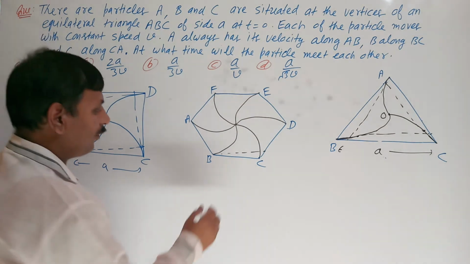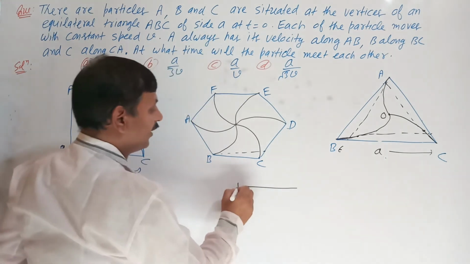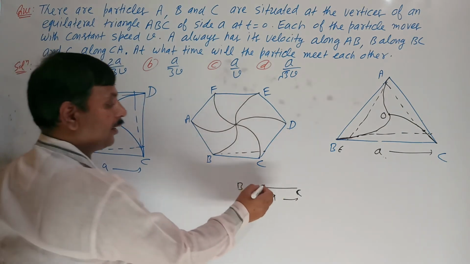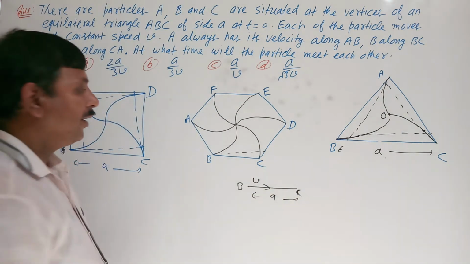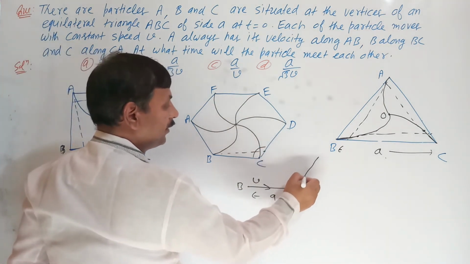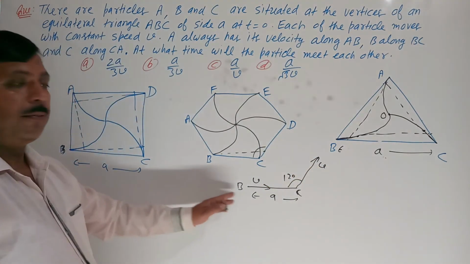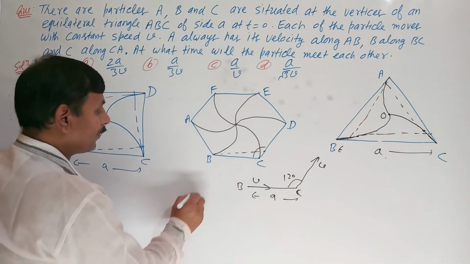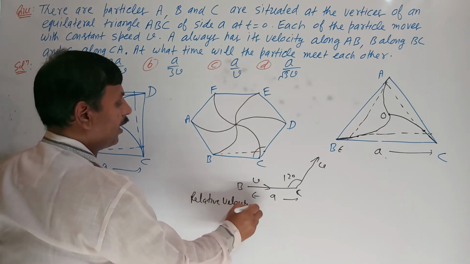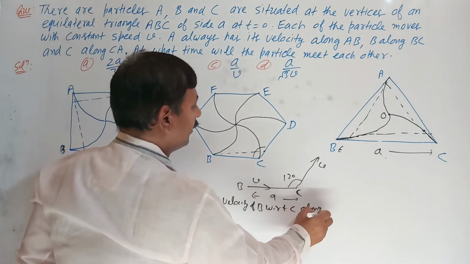So same way, if we see the distance between B and C, this distance is A. Velocity of B along C is V, but velocity of C, angle between them is how much? 120 degree. So this will be velocity V. What will be the relative velocity of B with respect to C along BC?